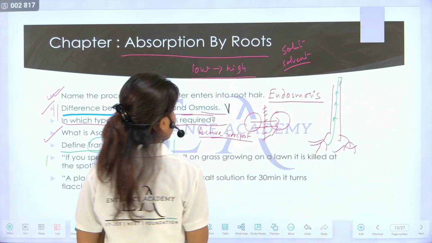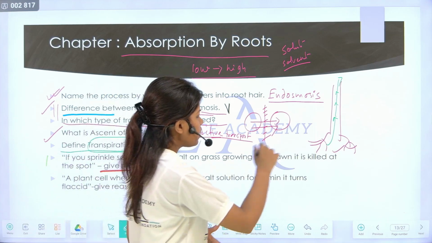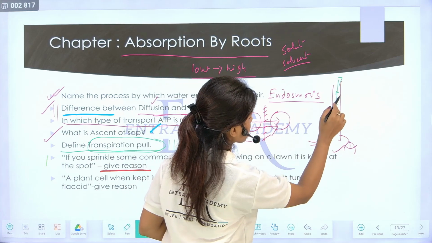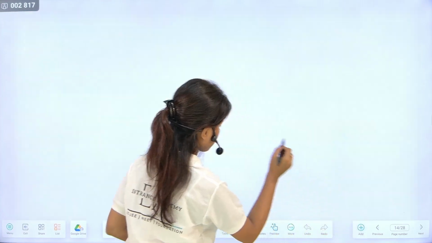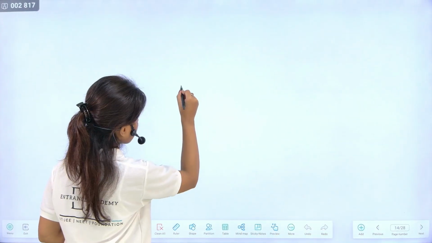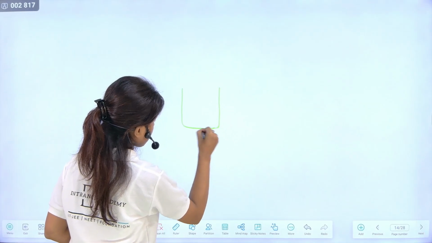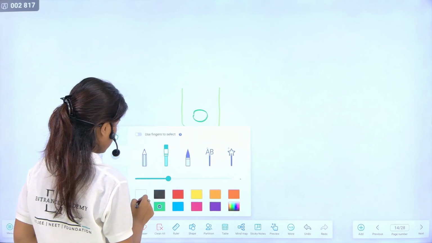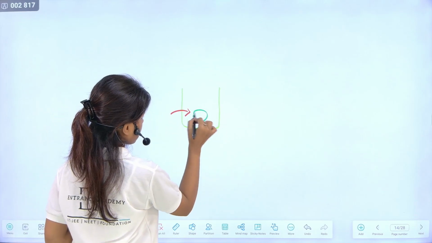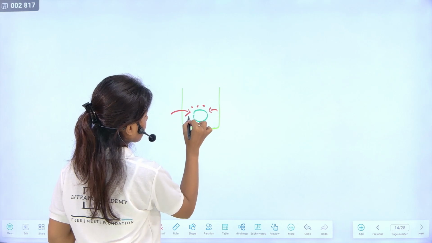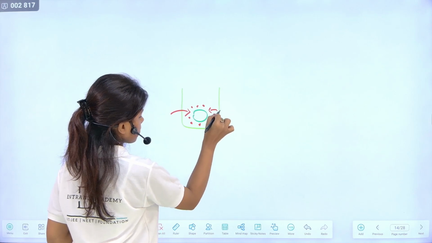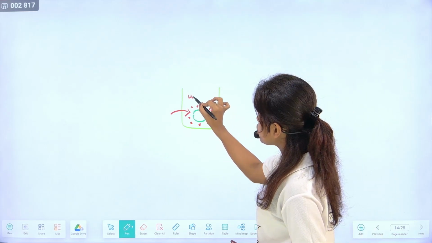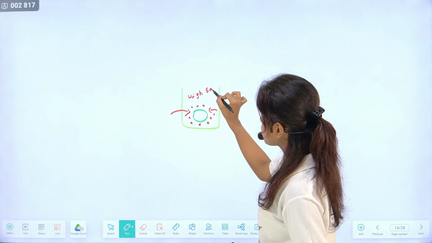So basically what happens? When we place some common salt over the grass cells, the surrounding medium of the grass cells contains a high concentration of salt.